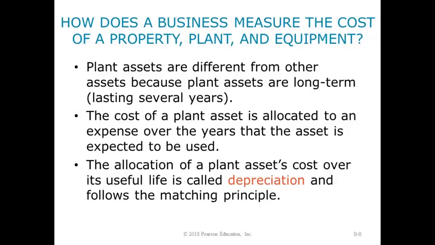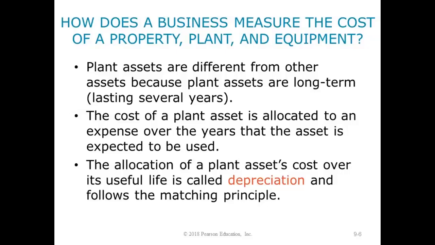Now, we're going to be booking a part of that asset to an expense account. The other thing is we're not going to be booking the credit as a credit to, say, the equipment account or a credit to buildings or fixtures or whatever. We're going to be booking the depreciation expense to a contra account called accumulated depreciation.